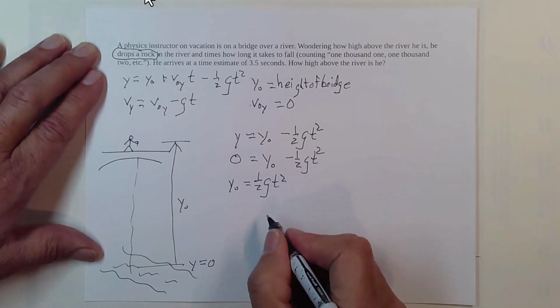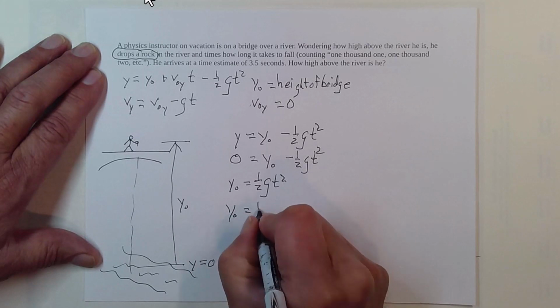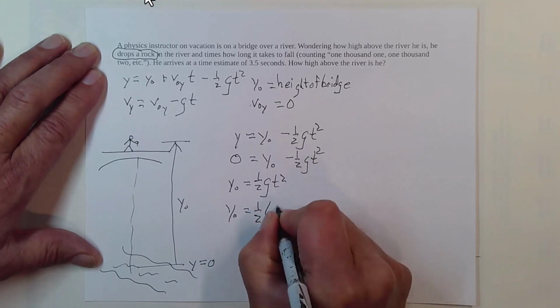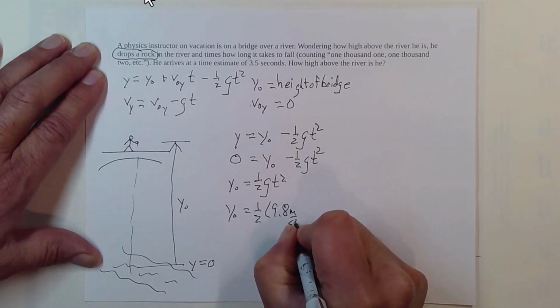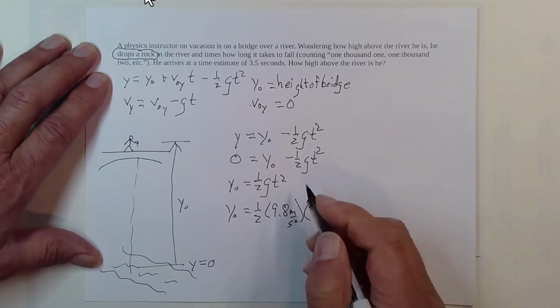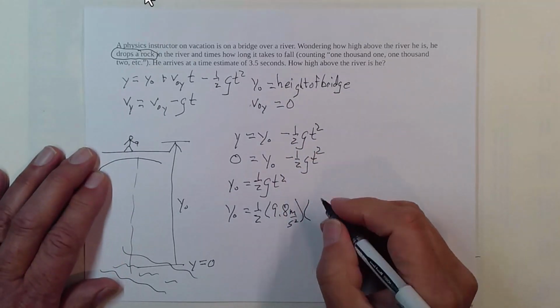that's what we have. So the initial height that the rock was dropped from will be 1/2 times 9.8 meters per second squared. I'm only keeping two significant figures because I've only got 2 on the time there, if that.